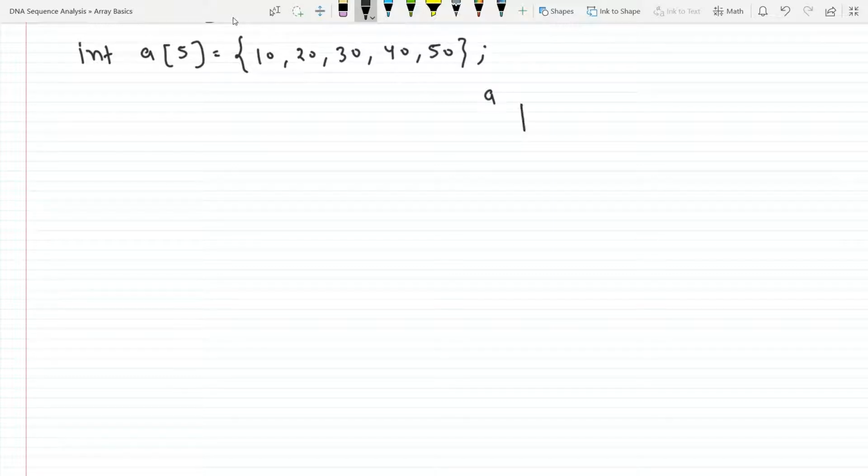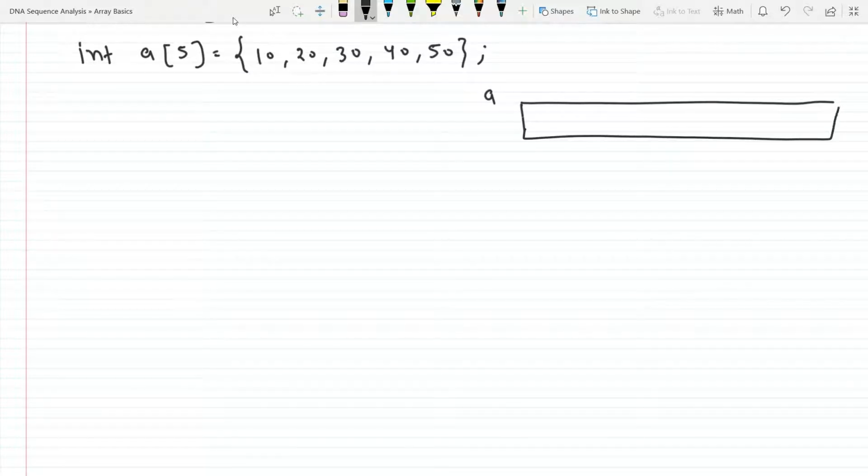For this variable a, 5 contiguous blocks of memory are allocated. This is the 0th cell, this is the first cell, this is the second cell, this is the third cell, and this is the fourth cell. So 0 to 4, overall 5. Maybe the compiler has given the base address as, let us assume, 1000.